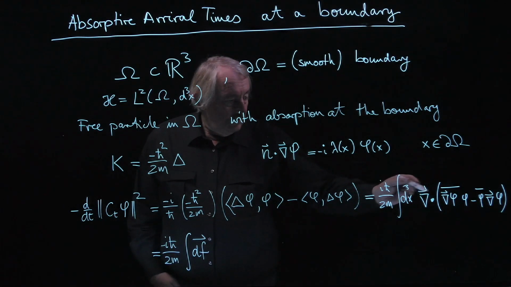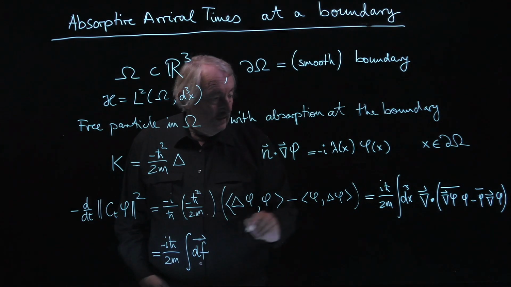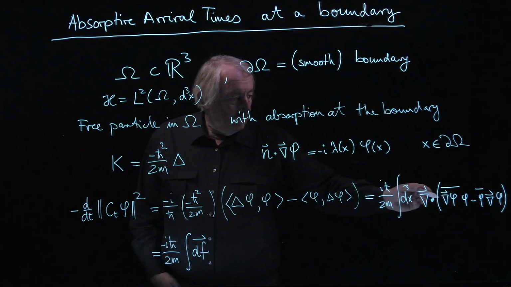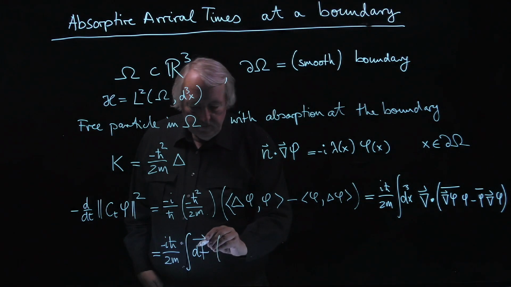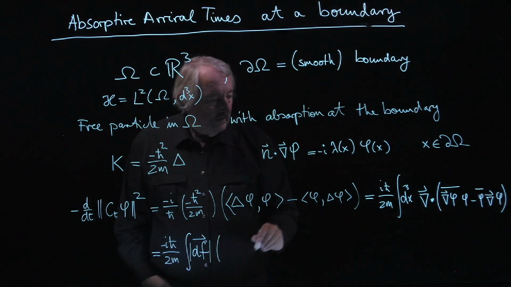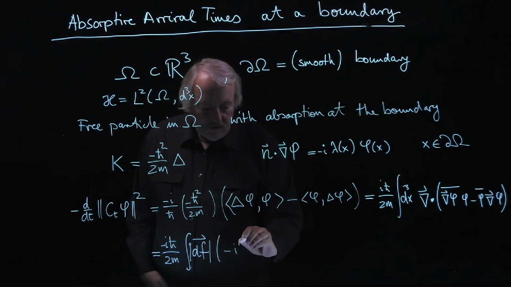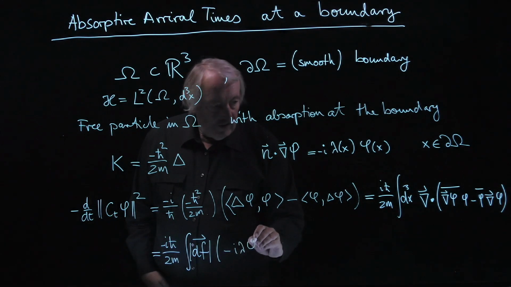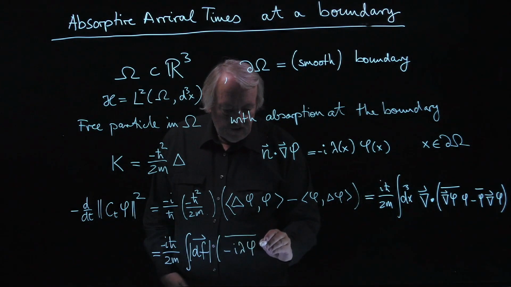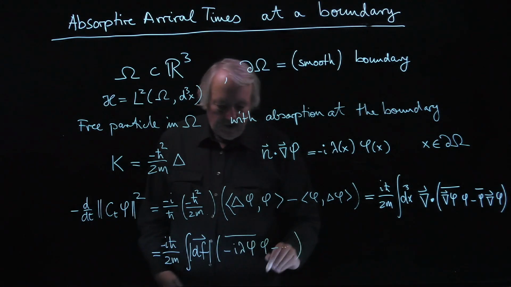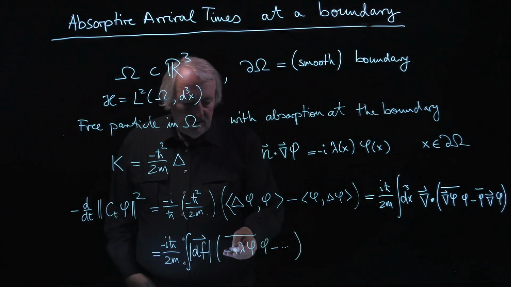And then we have just this expression that we had before. So this is in the direction of the inward normal now. And we have the gradient. So we get just the absolute value of that, and then minus i lambda phi complex conjugate times phi minus the opposite thing, okay? So we have a minus i and a minus i complex conjugate.